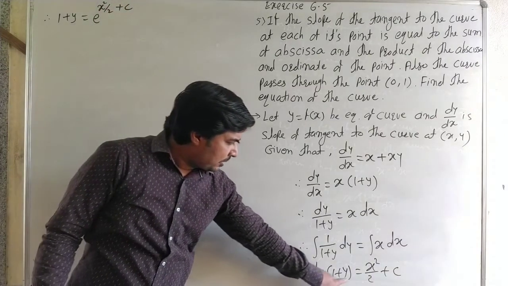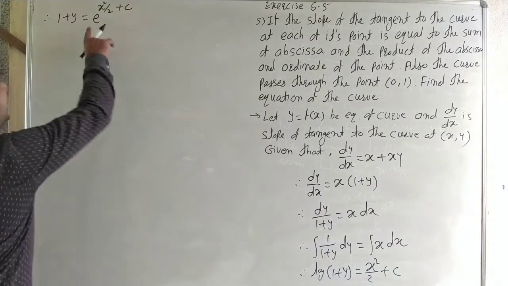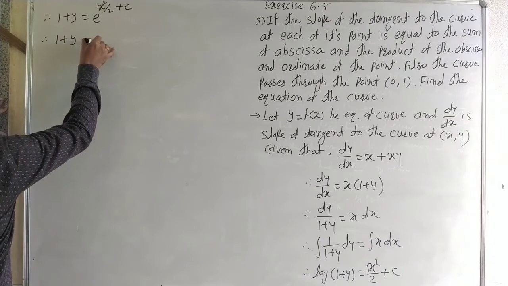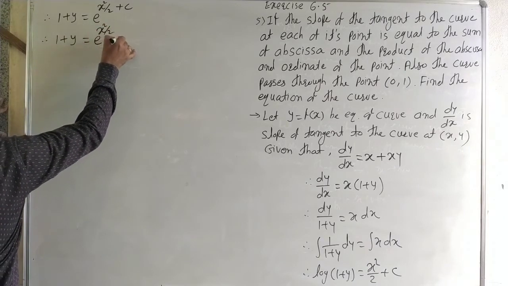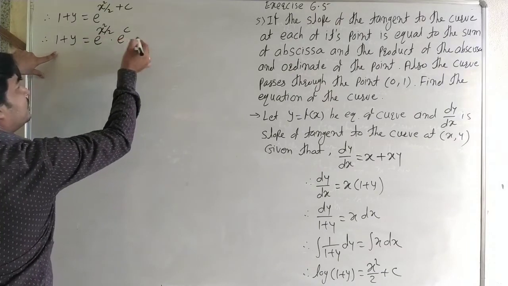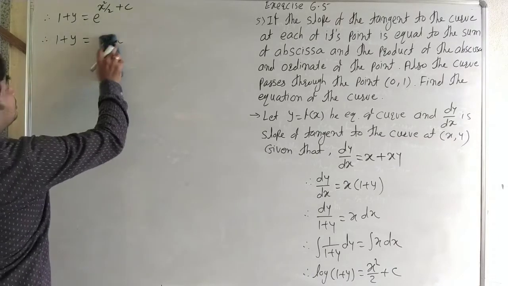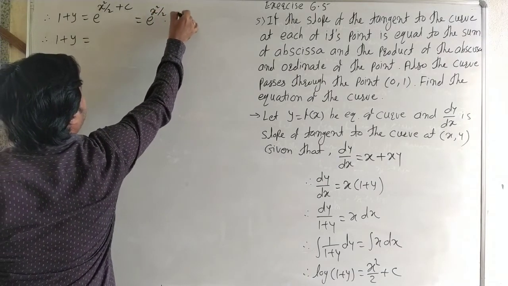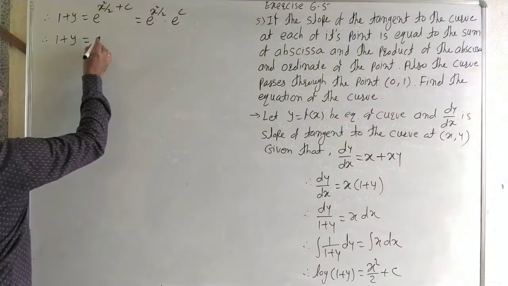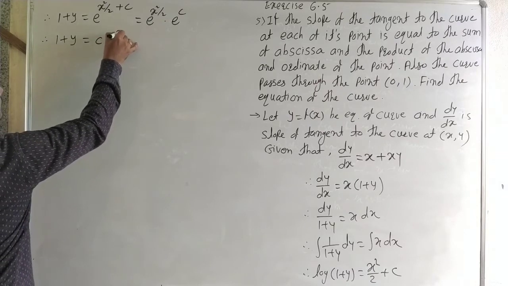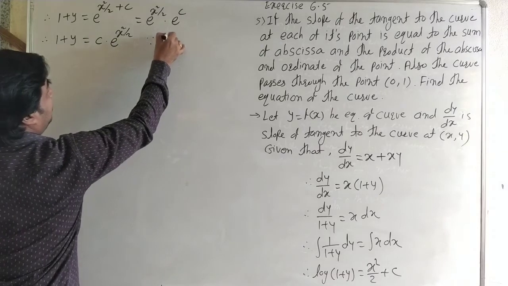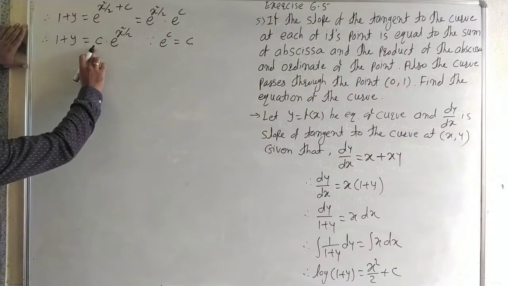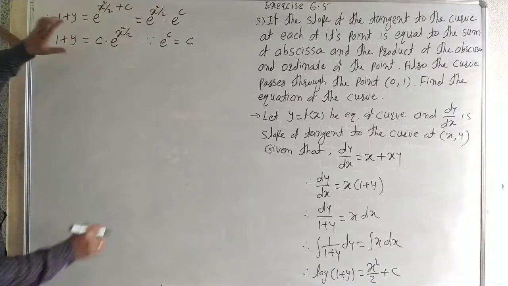Here we use the property of indices: 1 plus y is equal to e to the power x square by 2 into e to the power c. Now e to the power c is again a constant, therefore we can write it as c. Or we take c1, or simply c, an arbitrary constant. So 1 plus y is equal to c into e to the power x square by 2, which is the general solution.